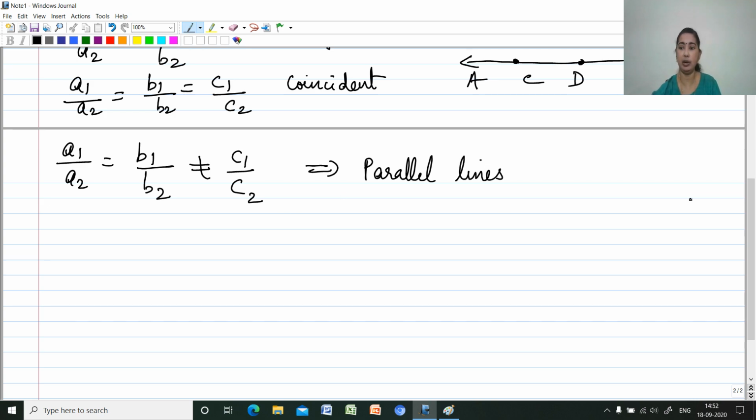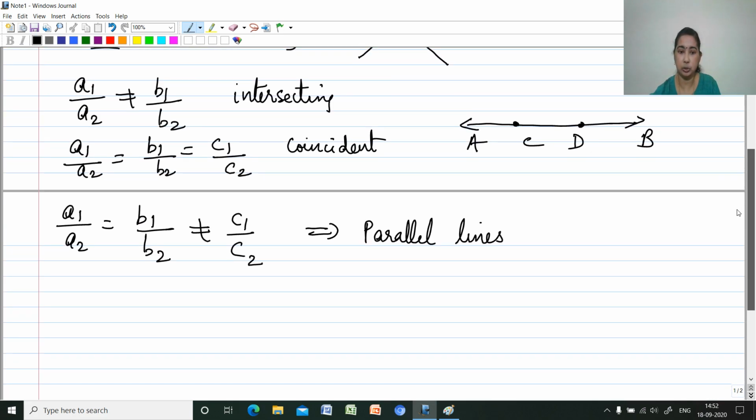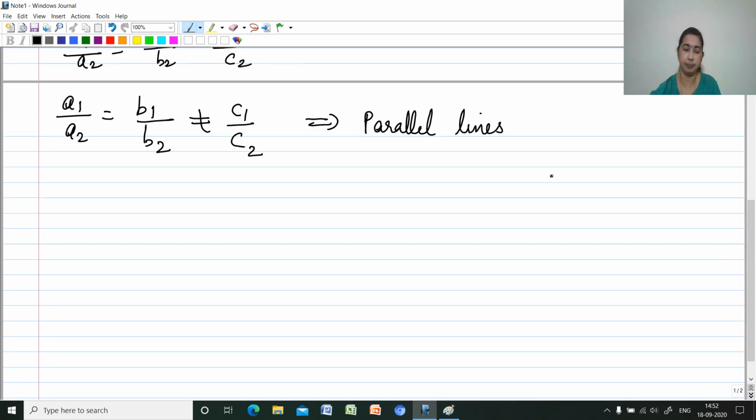Parallel lines will not meet. They go this way, never and never touching at all. So there will not be a solution at all. No solution at all. So they are inconsistent. Parallel lines are inconsistent because they do not have a solution.